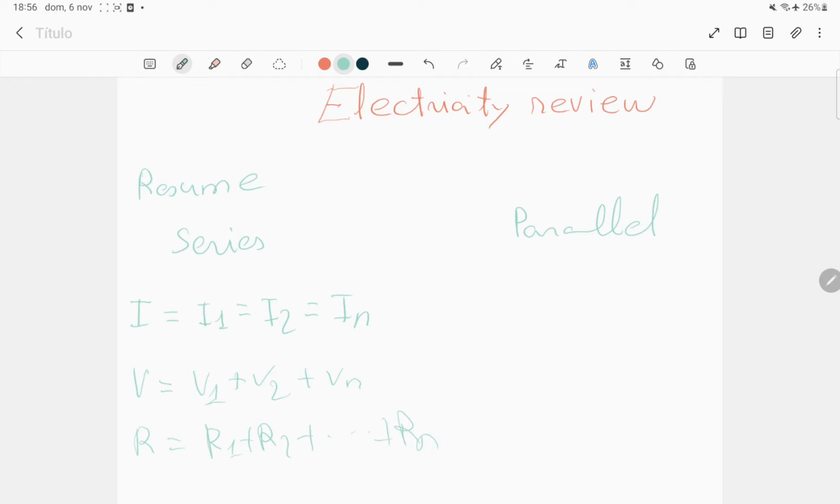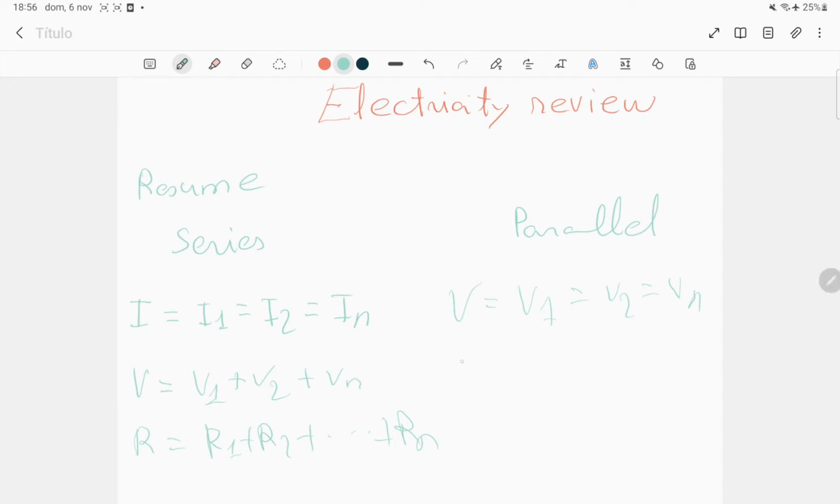okay? And then in parallel, okay, we are going to start with the V, with the voltage, potential difference. V is the same in every point. So V1 is the same as V2, as the same as Vn.